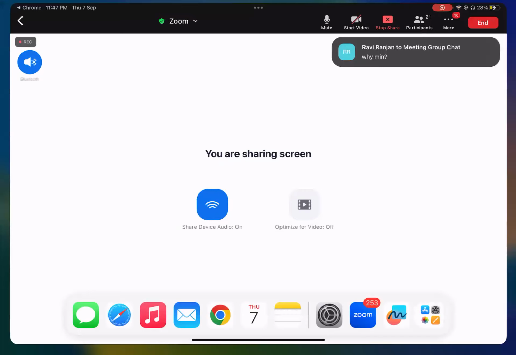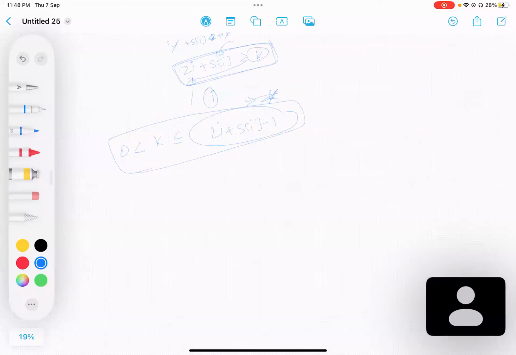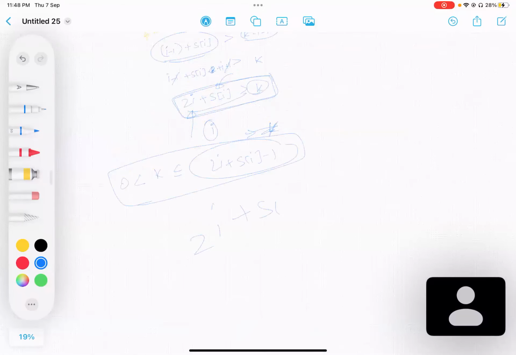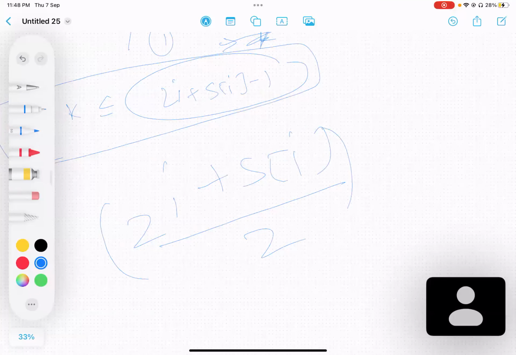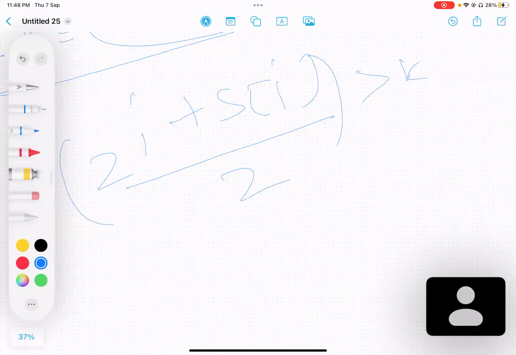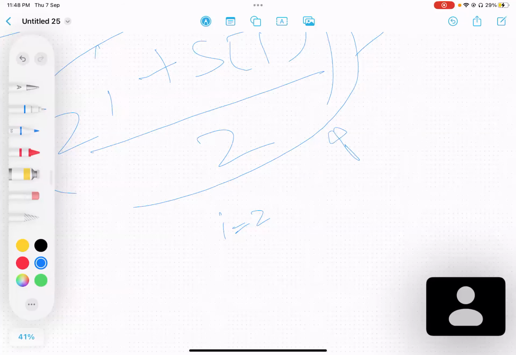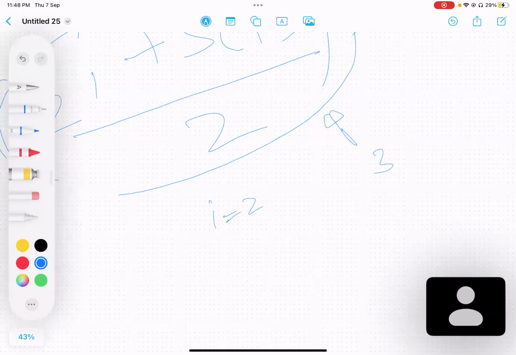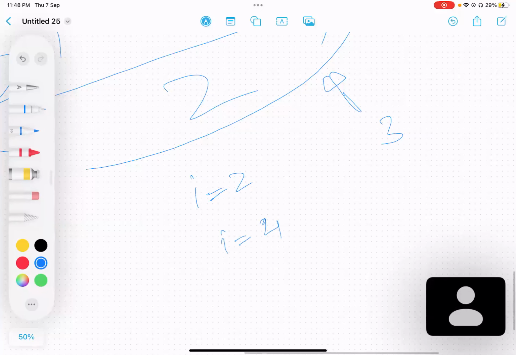Why minimum? Why we are taking minimum is that we found a condition, right? That 2 of I plus s of I divided by 2 should be greater than k, right? So let's say for index I equal to 2, we found this value equal to, let's say, 3. For index equal to 4, we found this value equal to 5.